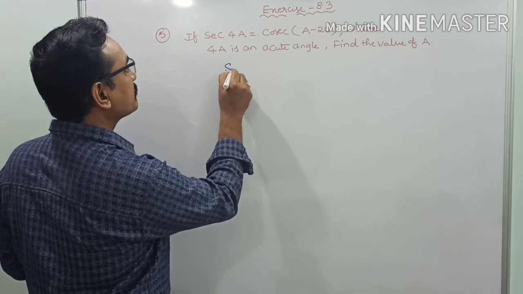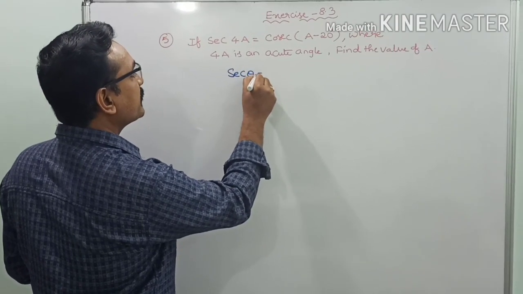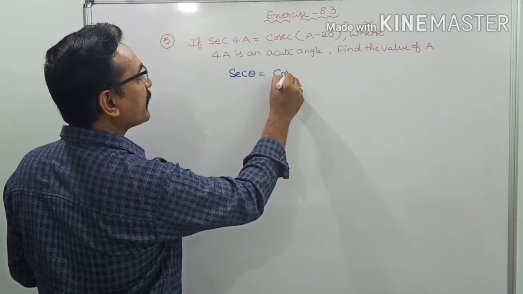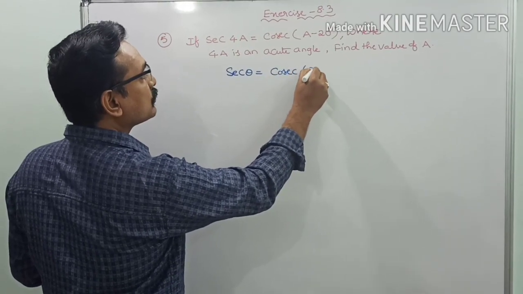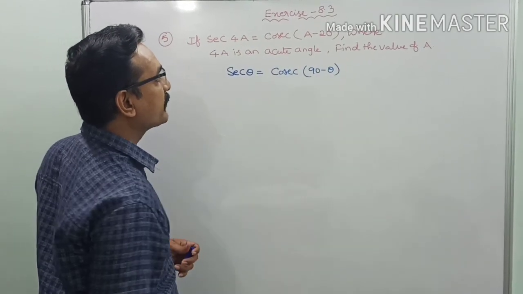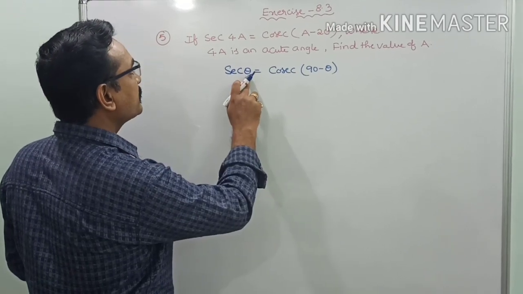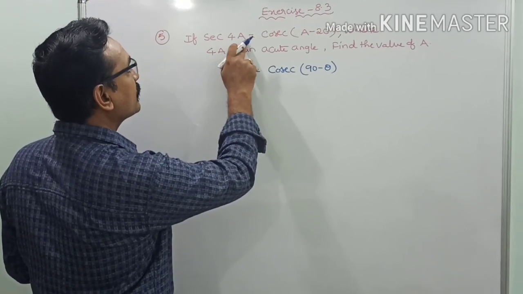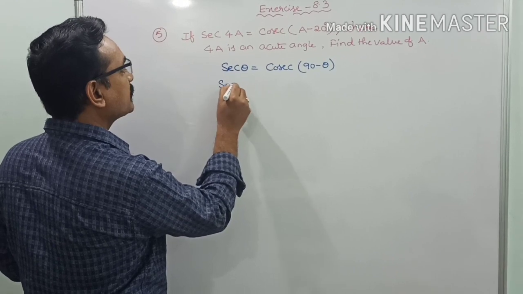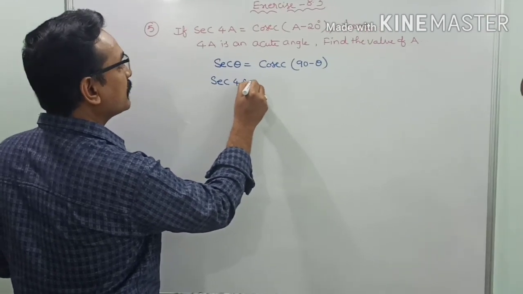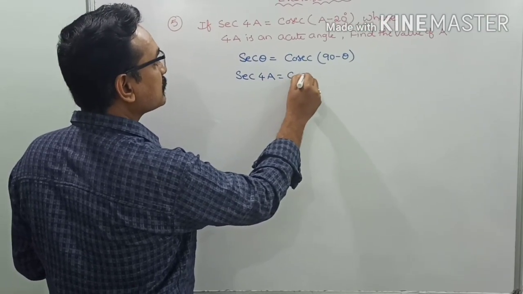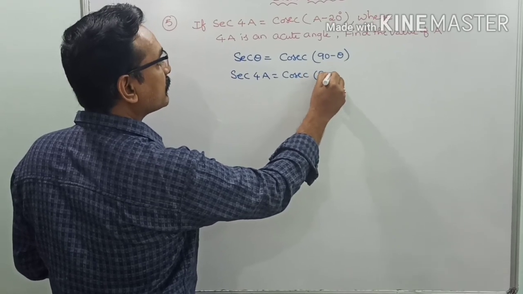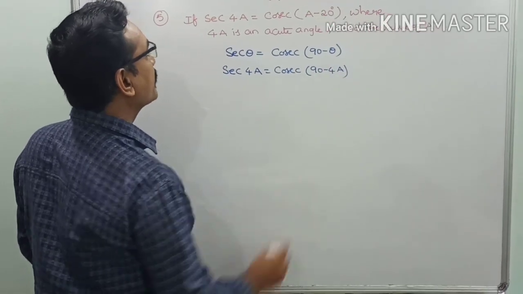Now we know the condition. Sec theta we can also write as cosec of (90 minus theta). Now instead of theta we have 4A, so sec 4A can also be written as cosec of (90 minus 4A).